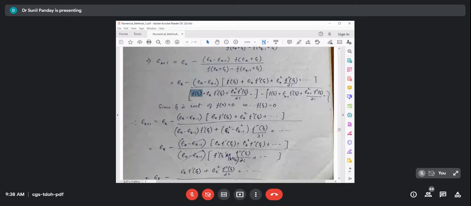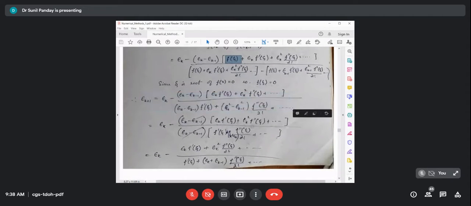After taking this f dash xi common, we have in the denominator epsilon k minus epsilon k minus 1 into f dash xi. Similarly here, epsilon k square minus epsilon k minus 1 whole square, f double dash xi upon 2 factorial, plus like this we will get till infinity. Similarly, in the numerator we have the same thing; this term is cancelled already, as this one is 0.